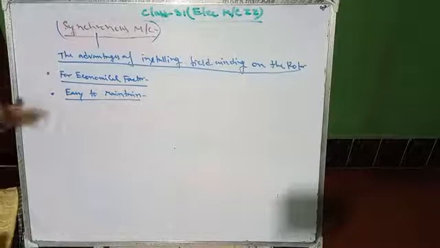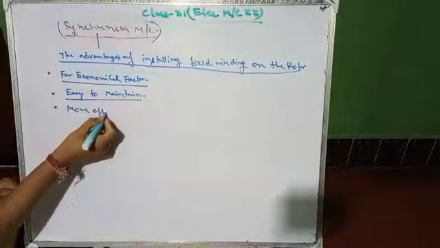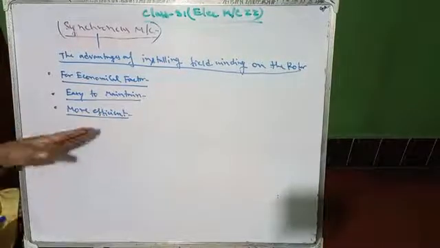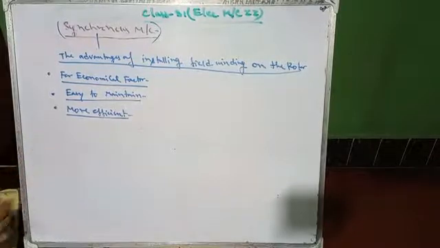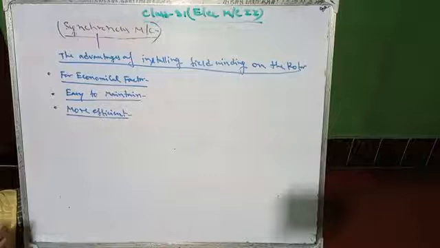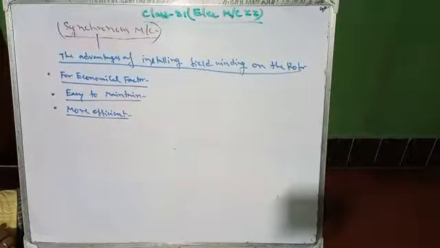Next, write the third point: more efficient. If the armature winding is placed on the rotor, then the power generated in the armature winding will be collected through a brush and slip ring arrangement.